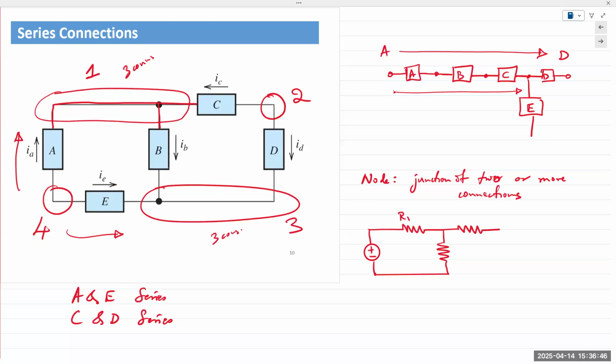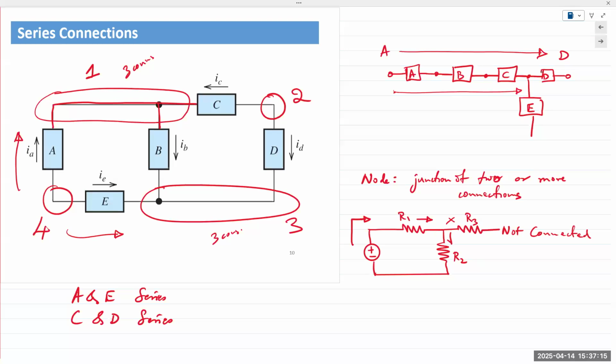But if R3 is not connected to anything at the other end, there is no path for the current to go through R3. There is no pathway for current to flow through R3. All of the current that comes from the source will go through R1.